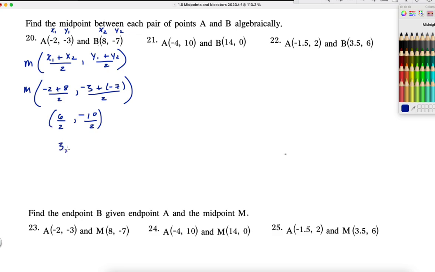Simplifies to 3, -5. Okay, make sure you write parentheses and a comma like this. This is how we show an ordered pair. Okay, next one.